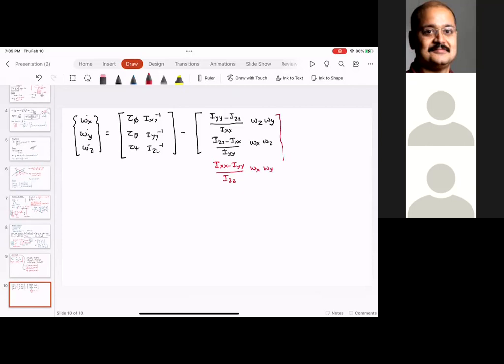And we have derived the equations of motion for quadcopter.